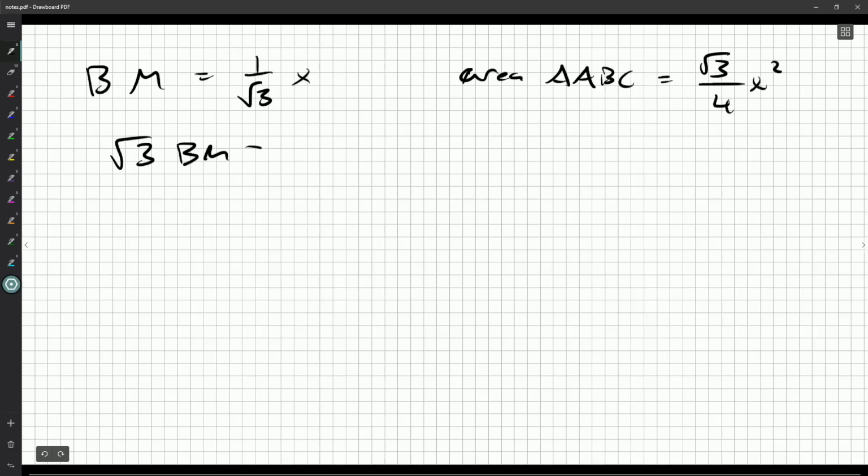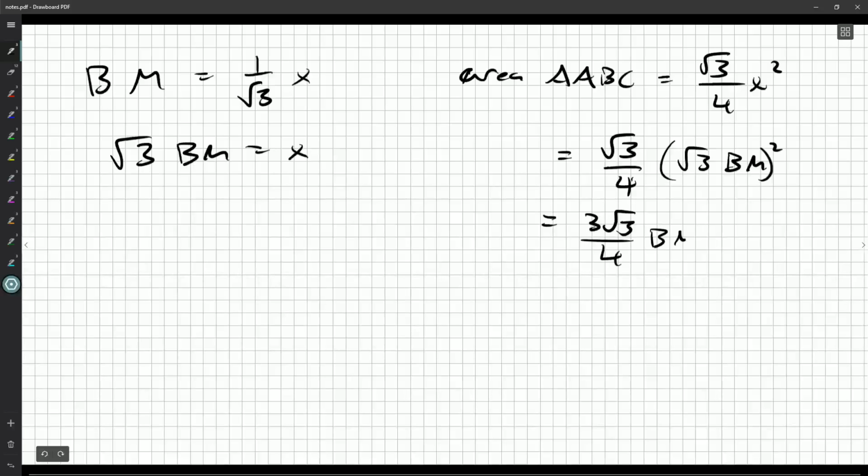So root 3 BM is x. So area is root 3 over 4 root 3 BM squared, which is 3 root 3 over 4 BM squared. So that's the area.